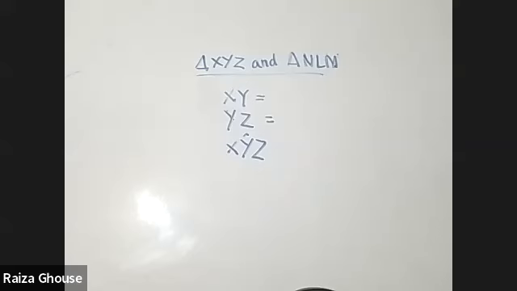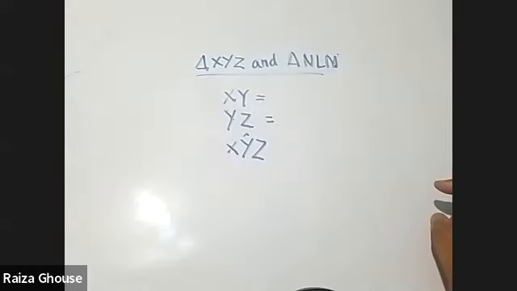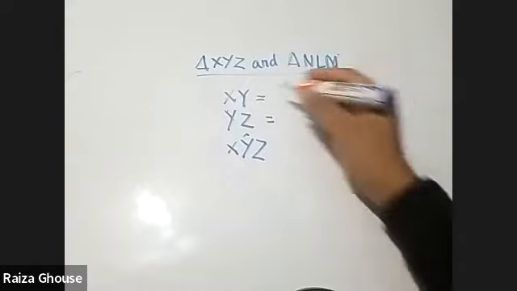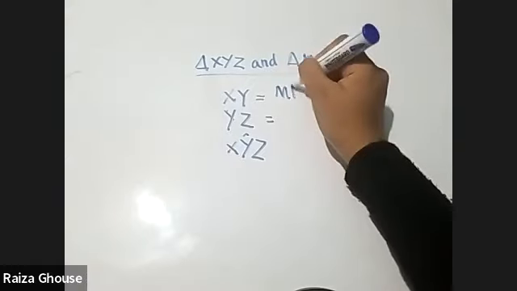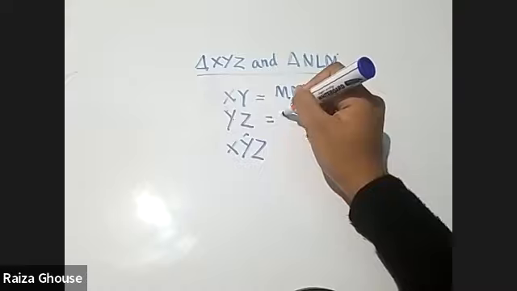Can you all hear me? Yeah, teacher. Sabiha, can you hear me? Miss, now I can hear you. Tell me, XY is equal to which side? MN. Okay, she is telling XY is equal to MN. Correct. Why is it? LM.